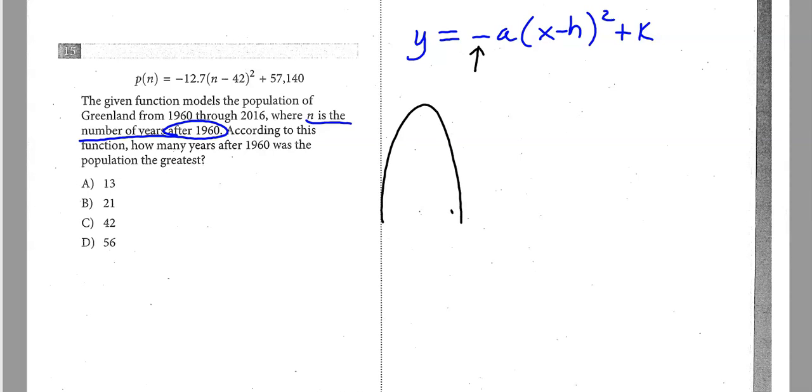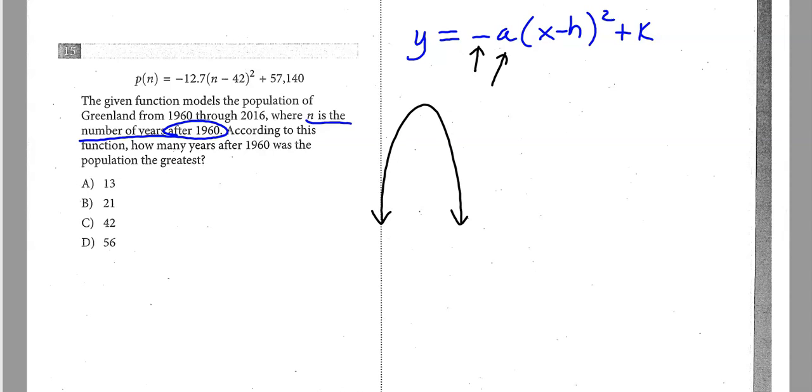I also just know that this is in vertex form. We have one like this, I believe, on the Oct Calculator. Vertex form is negative a(x minus h) squared plus k. Whenever you have a negative in front, I know it's going to be a quadratic that opens down. The a part is going to stretch it, so it's going to be pretty narrow.